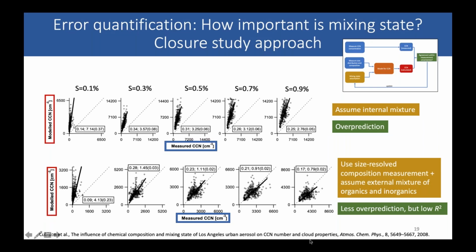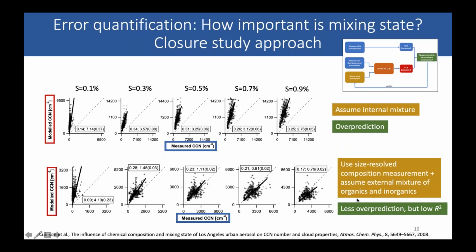One example is shown here, a paper that came out some time ago in 2008. What is shown here is the agreement of measured CCN concentration to model CCN concentration, in the procedure that I explained before. When they assumed an internal mixture, they were causing a large overprediction of the calculated CCN concentration.